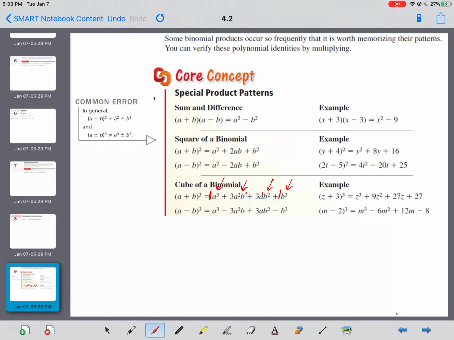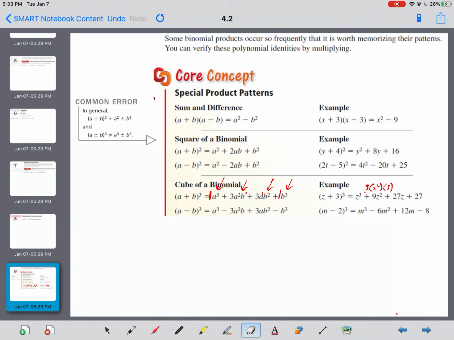So in the example, we've got z plus 3 to the third. So z is the first thing. We go to the third. And then we do 3 times z squared times 3. So that's 3 times z squared times 3. 3 times 3 is 9, z squared.